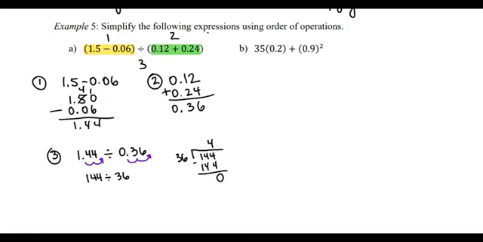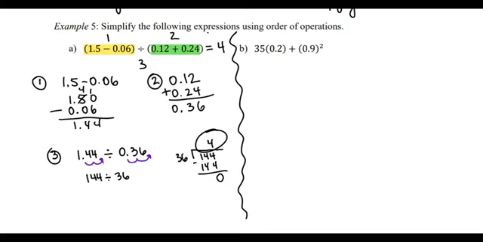All right. So step number 3 gave me 4 as an answer. So the final answer to this one is 4. Okay. So just make sure that these two problems are separated from each other.